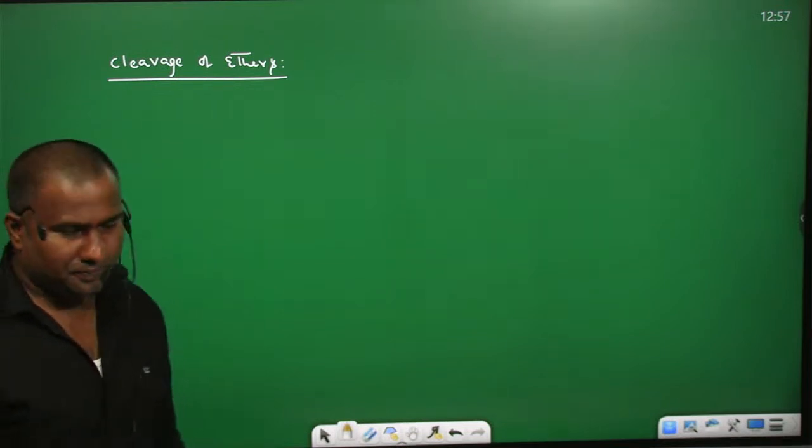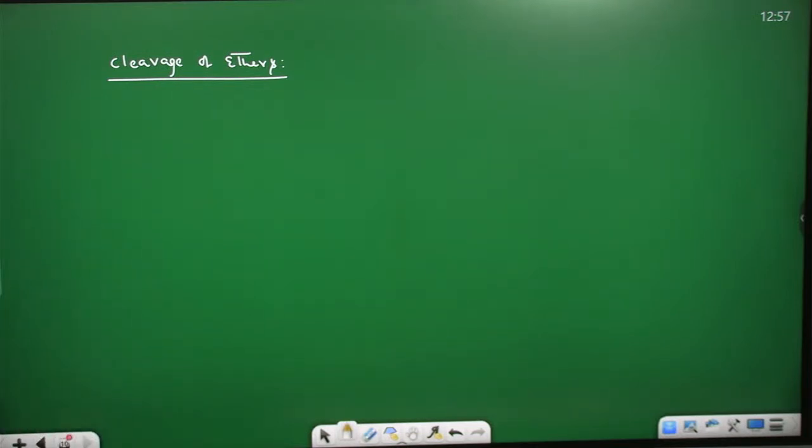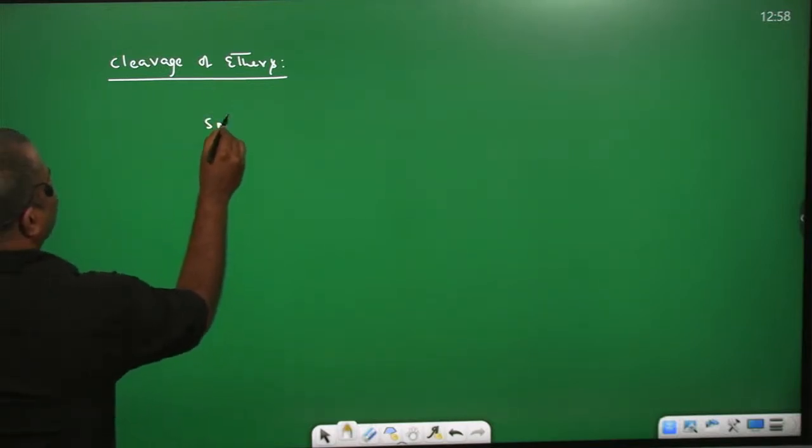See, how we are going to cleave the ethers. The cleavage of ethers is generally followed by SN2.